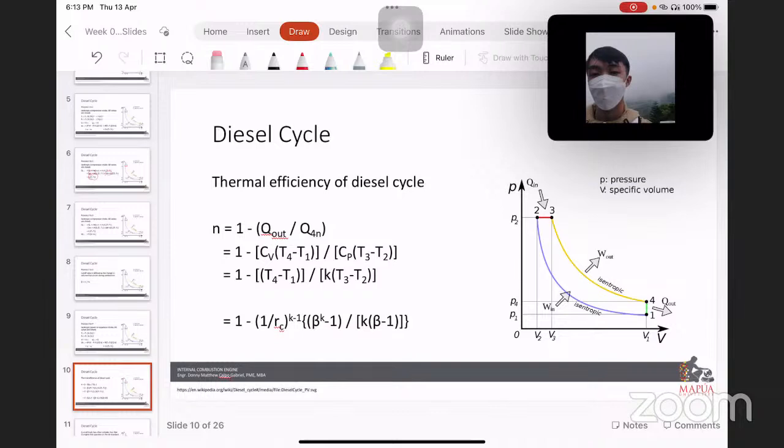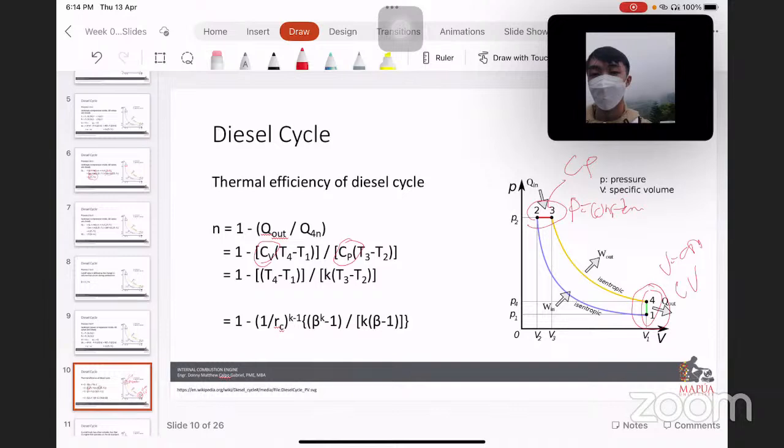Okay? So, makikita nyo dito, process 1 to 2, P is constant. Dito, V is constant. So, ang ginamit dito, Cv, dito ginamit natin Cp. Specific heat at constant volume, specific heat at constant pressure.